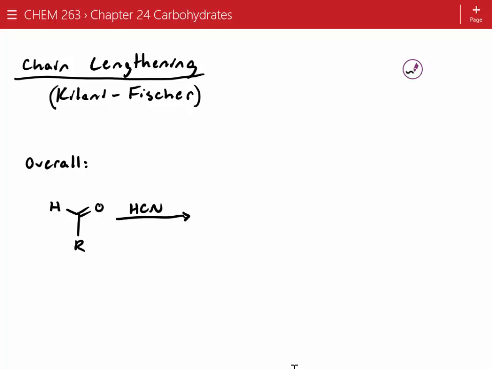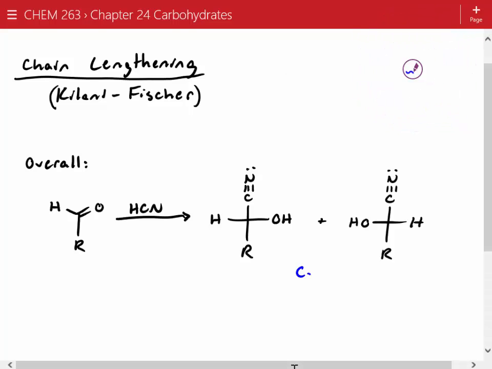So when we do this, what we end up getting is two different products, because that cyanide can attack from the top face or the bottom face of the aldehyde. And we end up with a pair of cyanohydrins. So we already saw this in our aldehyde and ketone chapter.